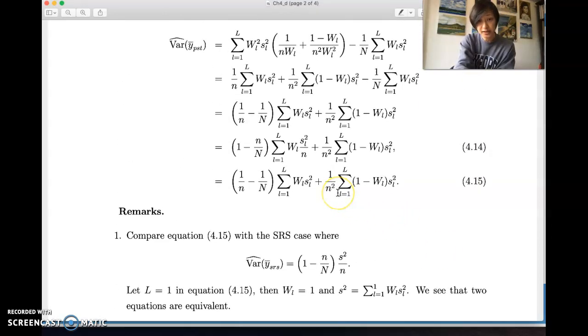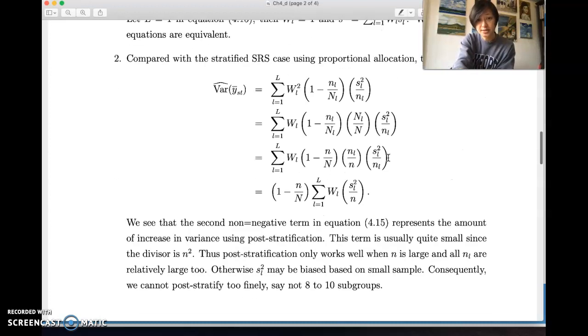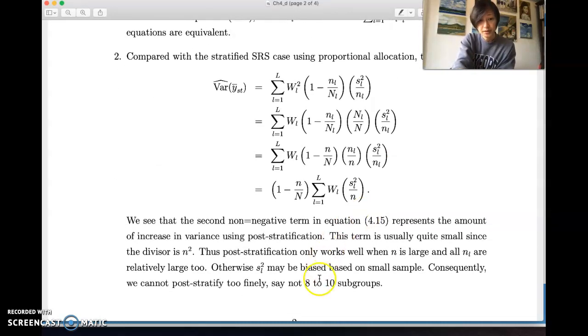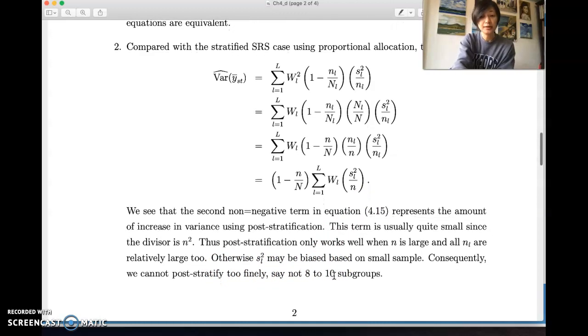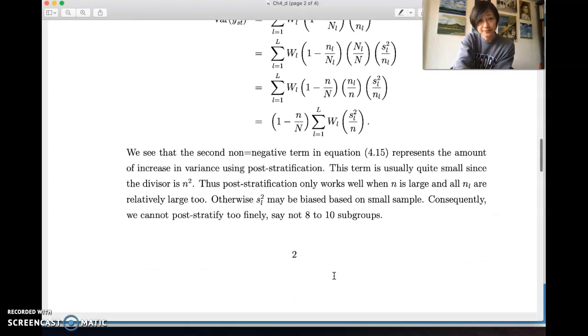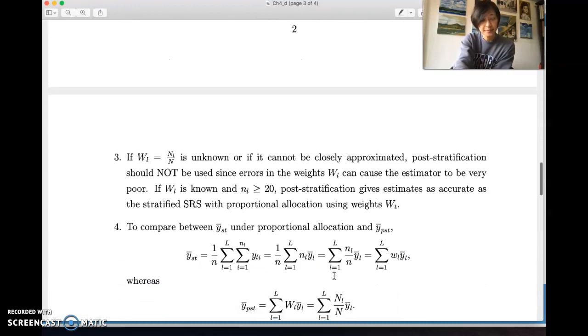Because if nL is not large enough, each of the sample variances sL would be biased. The sL may be biased based on a very small sample. Okay, and in this case, we can't stratify too finely into small subgroups.